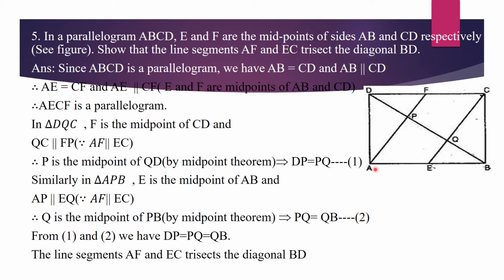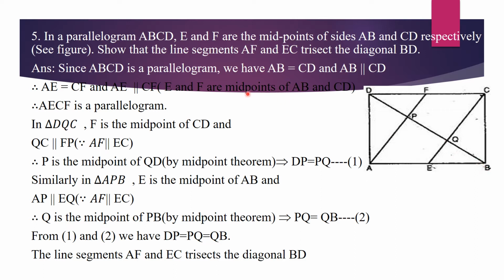We can see ABCD as a parallelogram where E is the midpoint of AB and F is the midpoint of CD. To show the two line segments AF and EC trisect the diagonal BD means we can draw a diagonal BD and show that the diagonal is cut into three equal parts, that is DP equal to PQ equal to QB.